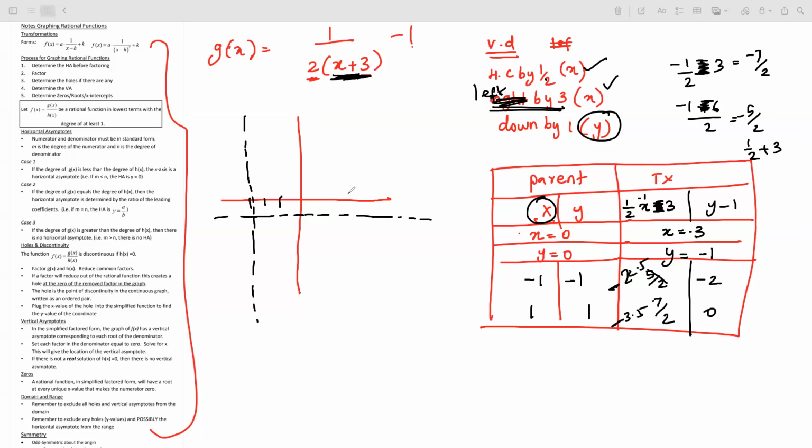Okay, now I drew this. I'm going to plot out the points. -2.5, comma, -2 is here. And then the other one is -3.5, comma, 0. So -3.5 is here, comma, 0. Am I making sense? So my graph is going to be like this. Did you all get it?